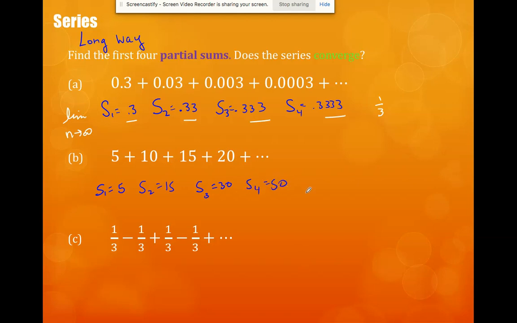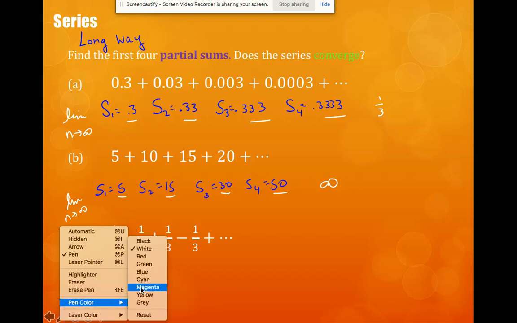Can you see what's going to happen here? What is the limit of this sequence as the number of these values grows? That grows without bound. What about the next one? It's kind of weird.